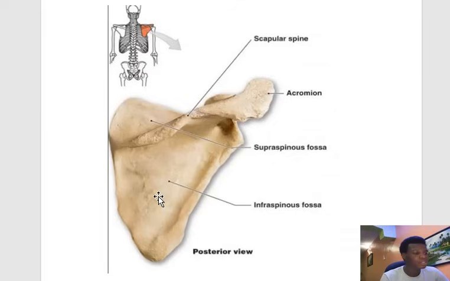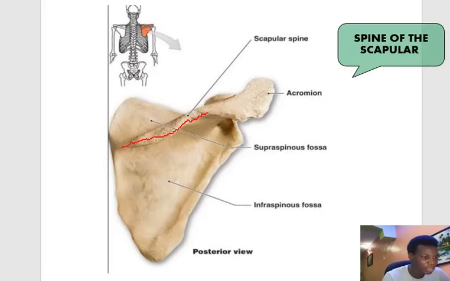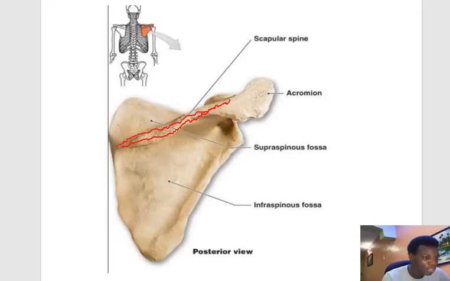Alright, so let's move on now and talk about the spine of the scapula. Okay, the spine of the scapula is this region right here, just as I pointed, arising from the medial part of the scapula, going up and then continuing as the acromion process. Well, I want to draw your attention to something now.